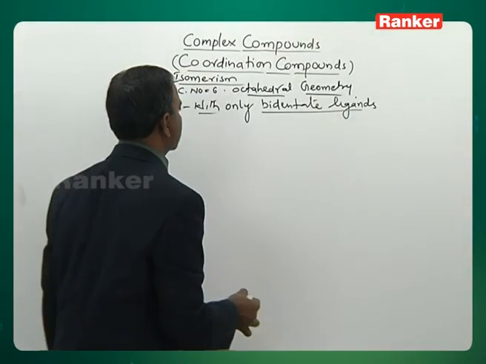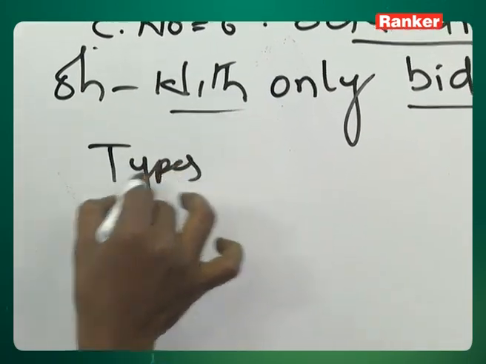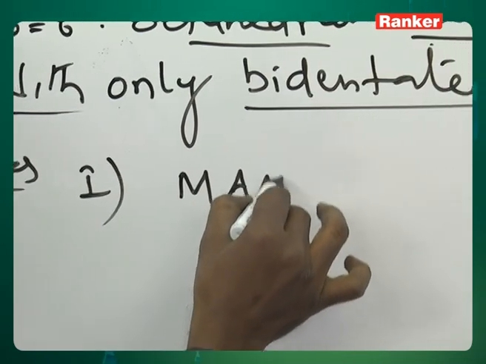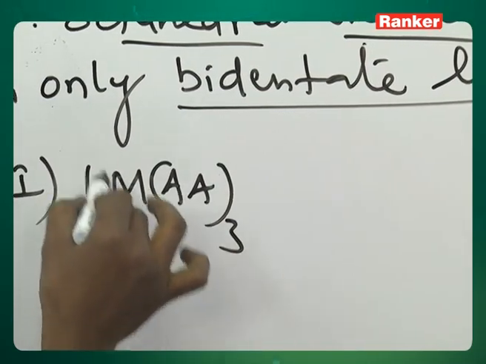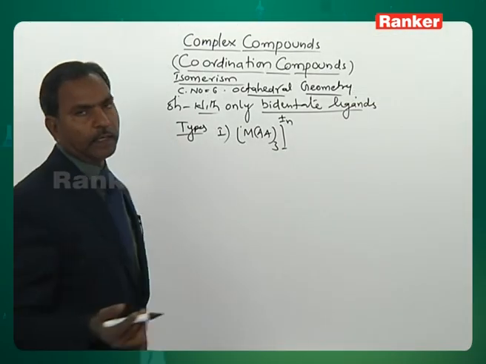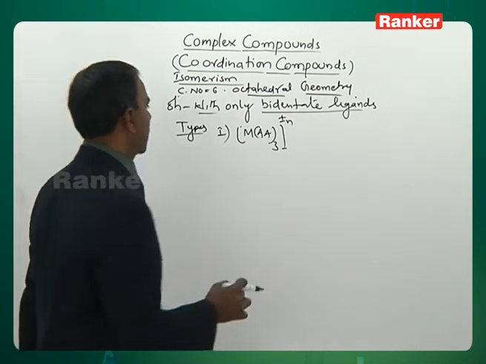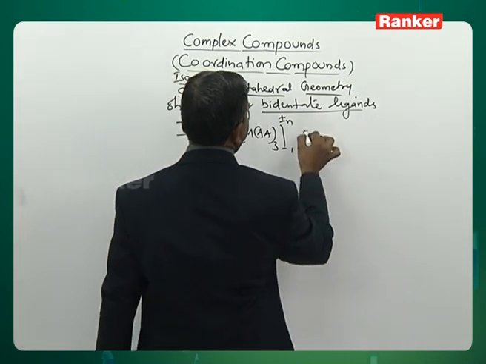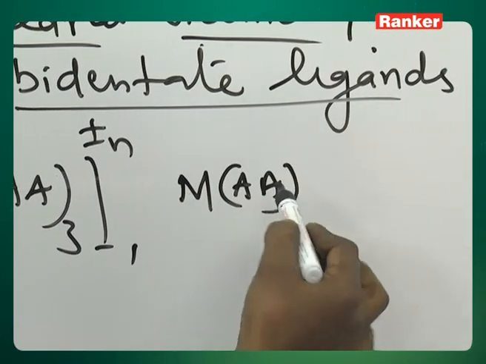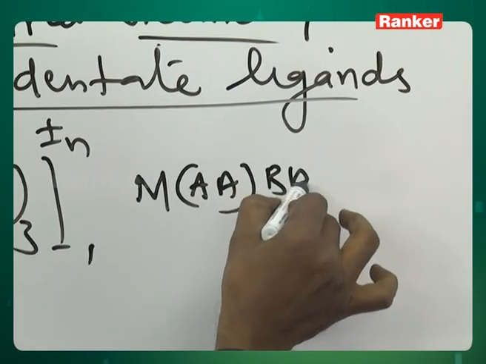Only bidentate ligands. Under this, let us write the first types. Like this, MAA taken thrice. Either it may be symmetric or unsymmetric bidentate ligand, it makes no difference. All are found to be optically active. Now, MAA taken thrice. MAA taken twice, BB, two different bidentates also you take.